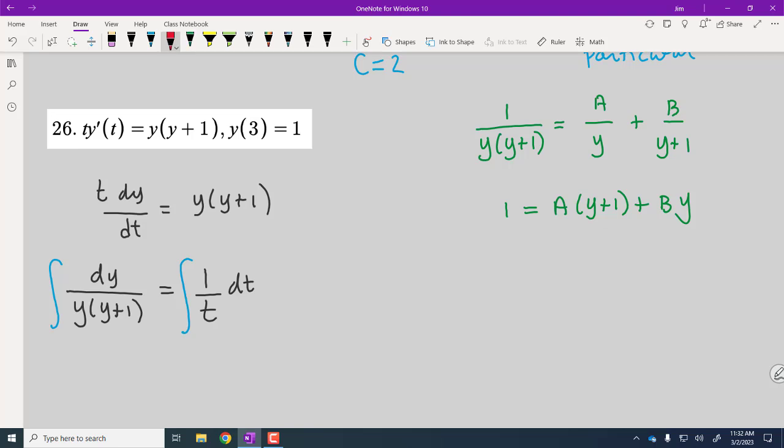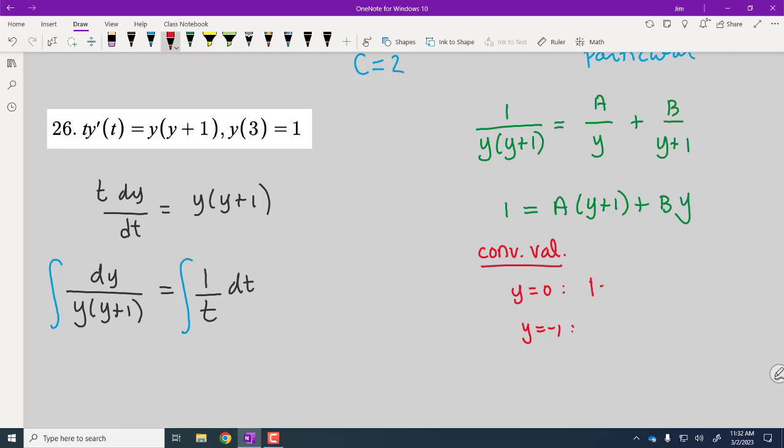Of course, we're going to go to convenient values. And those convenient values are 0 and negative 1. The convenient values are always the zeros of these factors.